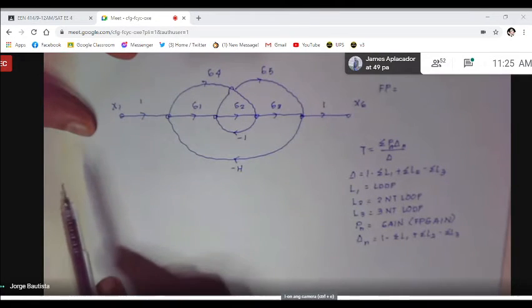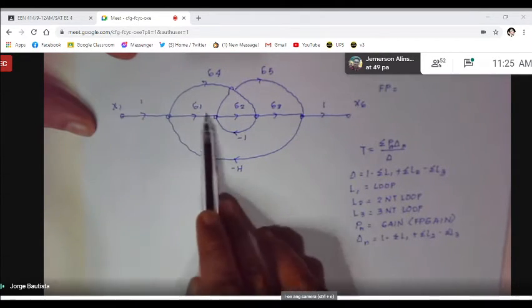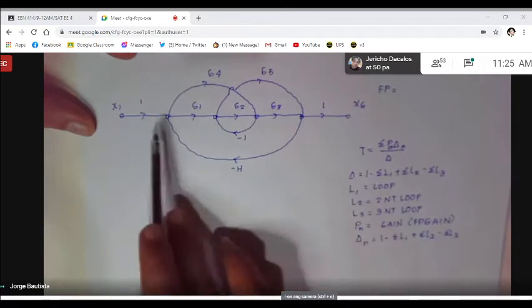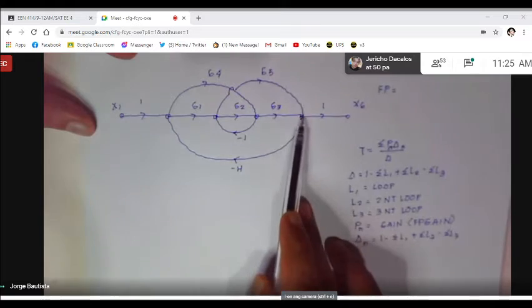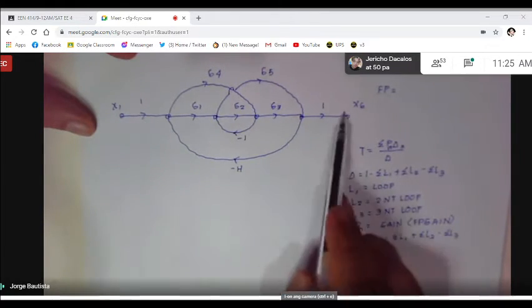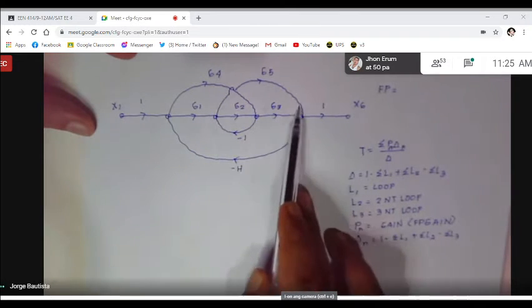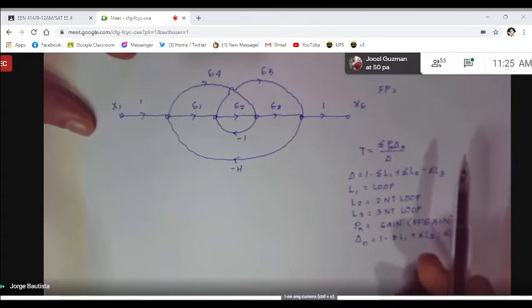Ulitin ko. 1, 2, 3. Oh, nagamit na. 1, 2, 3. Tapos iikot siya.